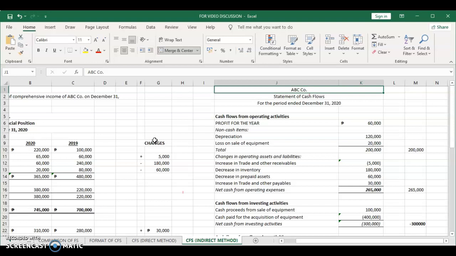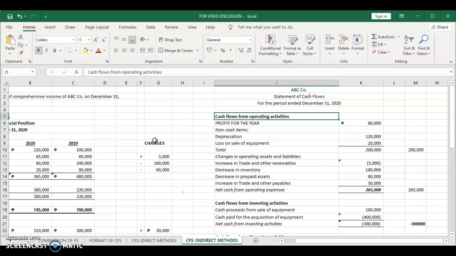So we have here the heading, and then after that we have the operating activities. So of course class, ang una natin gagawin dyan kasi kailangan natin i-reconcile yung from accrual to cash basis. So since this is cash, we will reconcile yung accrual from cash basis.